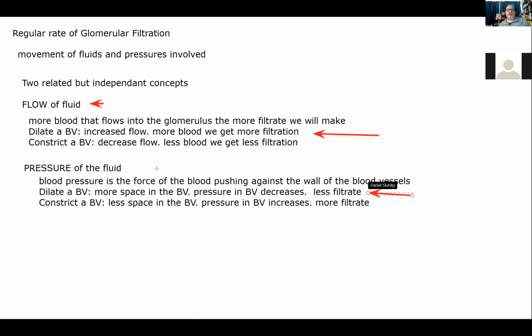And so it's important to remember when we're talking about these changes in diameter of the blood vessels we're going to be discussing, we want to think about whether it is affecting how much blood enters the glomerulus, or we want to think about if it's affecting the pressure of the blood.